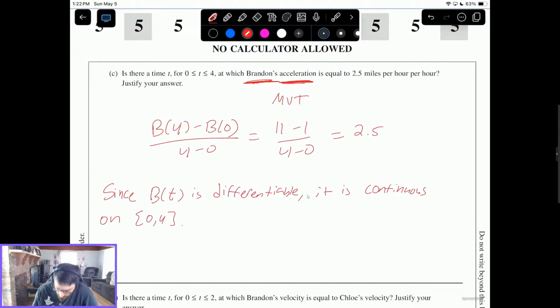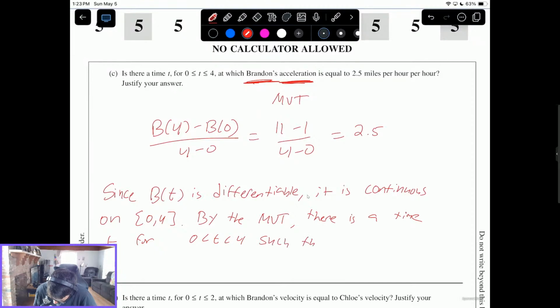This is very important. On your AP rubric, this will be one of the points: verifying continuity. Okay, so since it's continuous, then by the mean value theorem, there is a time t between 0 and 4 such that b prime of t is 2.5 miles per hour squared. Okay, and that's because of this.